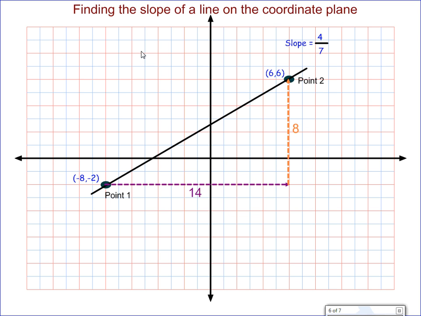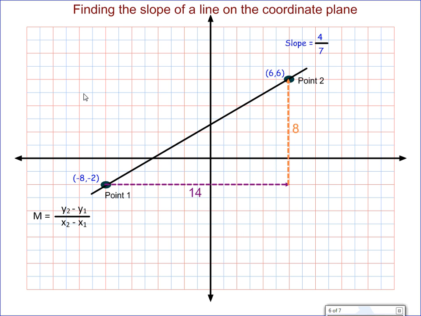The other method we're going to discuss involves a formula. This formula will seem complex, except you already know the pieces that make it up. I'm going to say the difference in the y values over the difference in the x values. The y values represent the rise, up and down, and the x values represent the run, left to right.